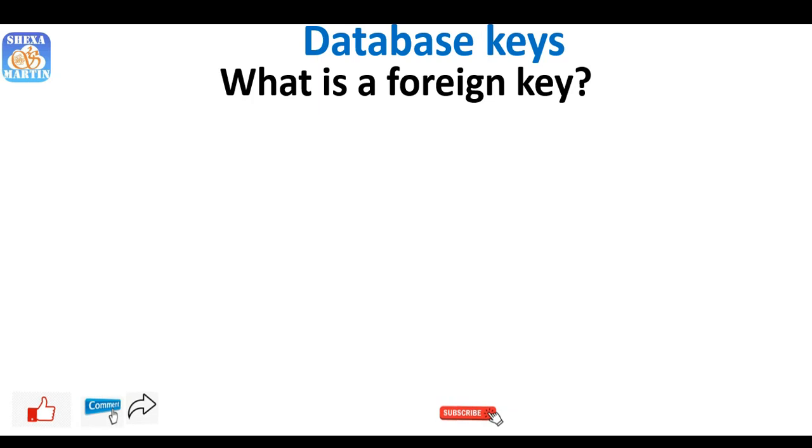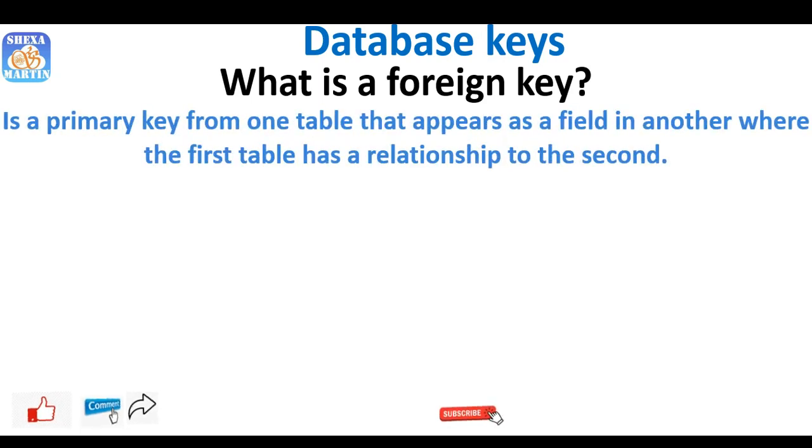So the primary key of another table that is appearing on the other table is what we call the foreign key. So here is the formal definition. A foreign key is a primary key from one table that appears as a field in another table where the first table has a relationship to the second.